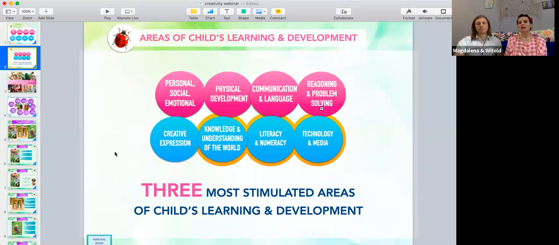Then we see a great focus on developing handwriting, reading skills, and counting and numeracy. And nowadays about using technology, high tech and media. So these are those 3 areas that are stimulated the most. Out of 8. So 3 is definitely not enough. For children to develop healthily, they need all of them.